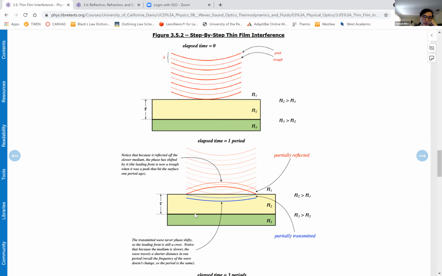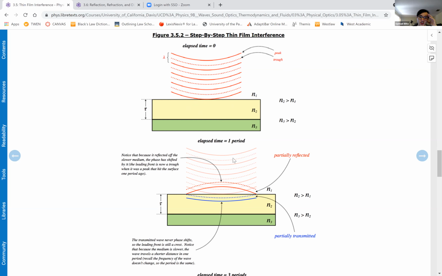But because the medium that it's reflecting off of is slower, it has a higher index of refraction, that means there would be an inversion upon this reflection. So here we see that the leading edge of the reflection is a dotted line, meaning that it is a trough. So the wavefront was inverted. It went from a peak, the leading edge was a peak. Now the leading edge is a trough, and that's because of this inversion.